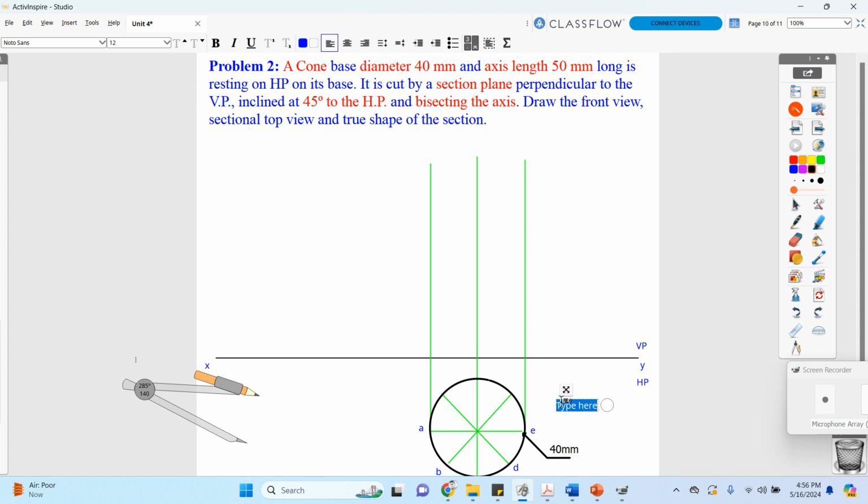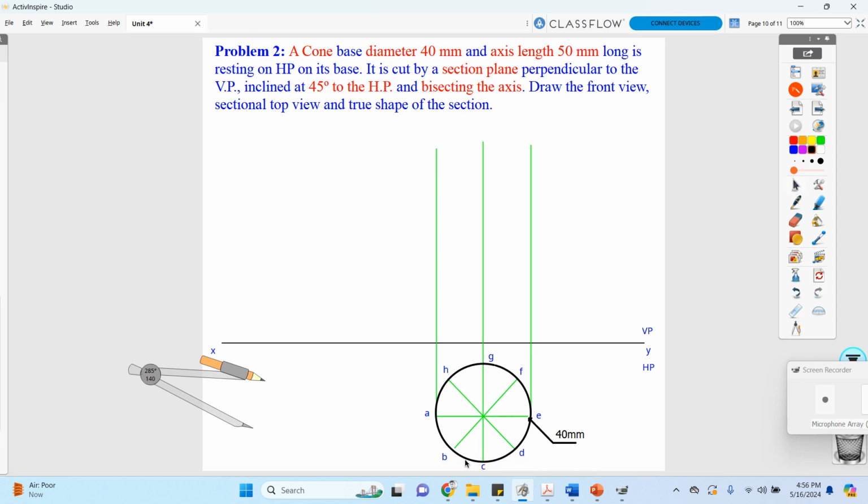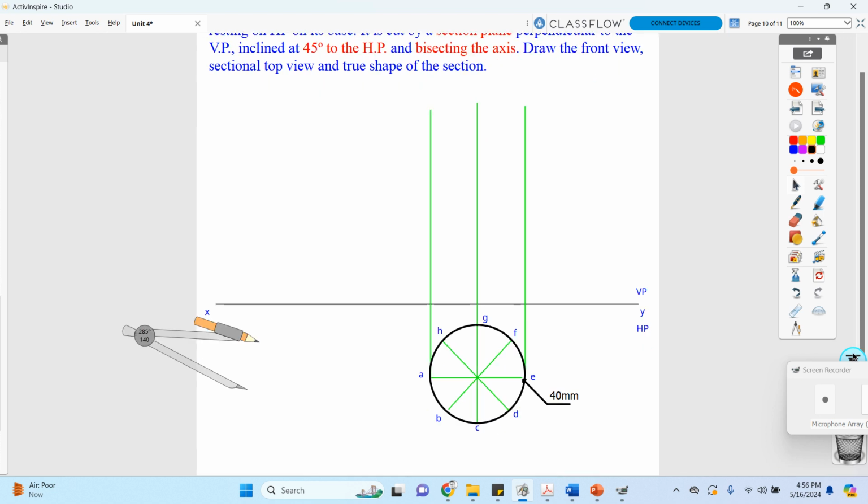E, F, G over here, and H. Okay, so I have divided my circle into 8 equal parts and I have named it too.